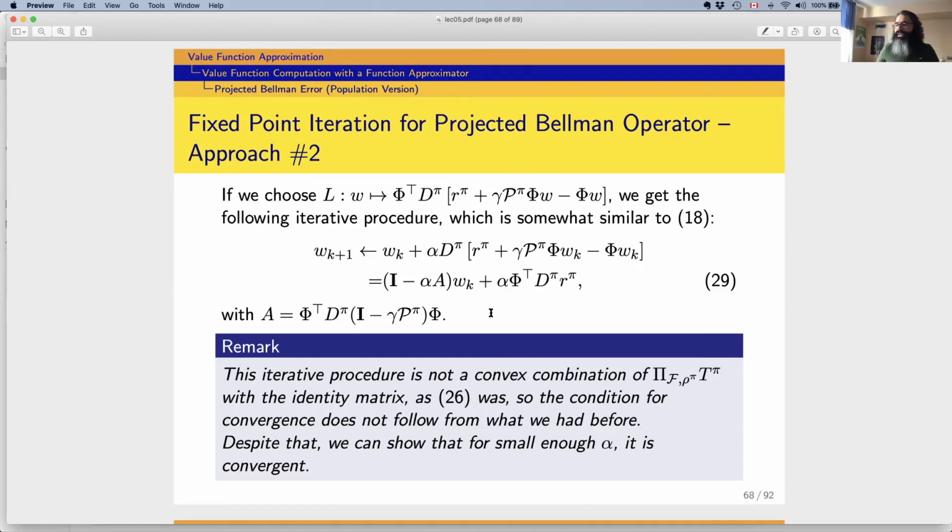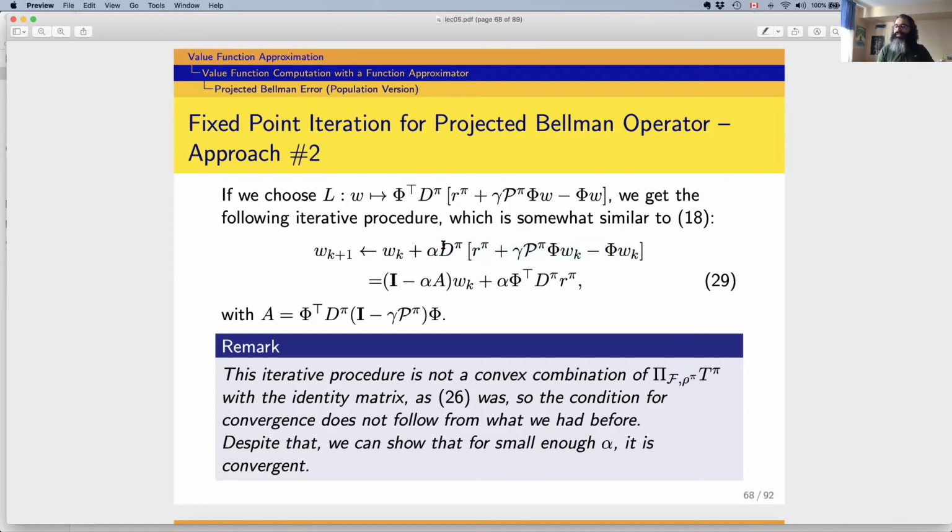Here we can't use that because it's not a convex combination of projection of Bellman operator. But still we can show that this is convergent if we choose alpha small enough. Previously alpha could be any number between 0 and 1, but here alpha should be small enough.